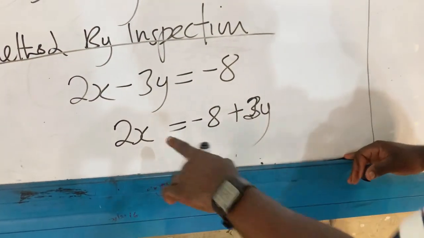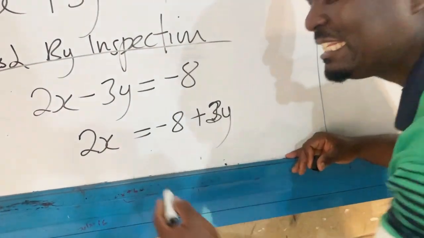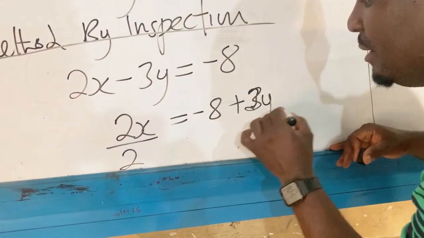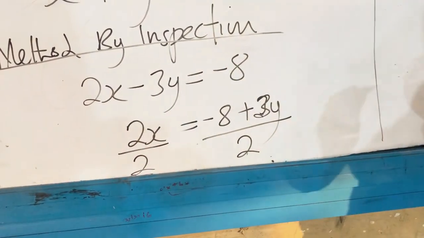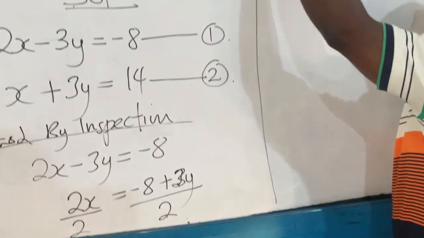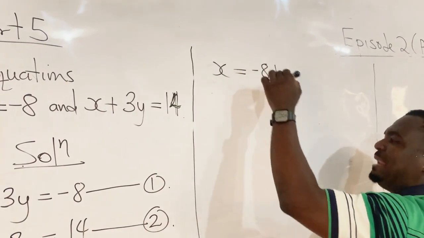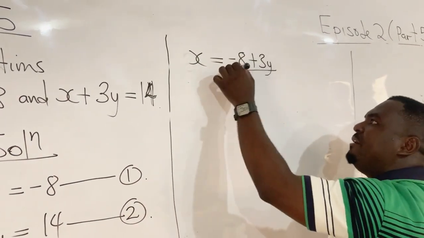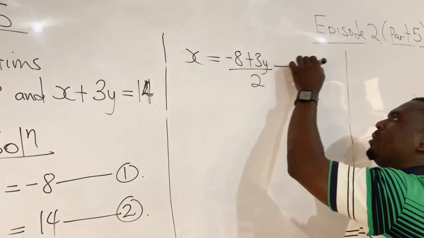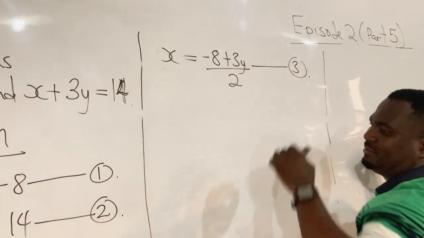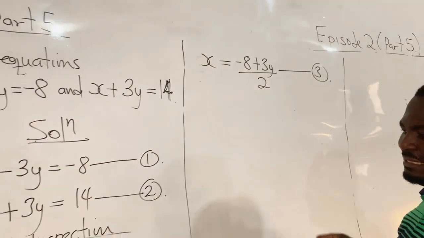To make x the subject, I'm going to divide here by 2, so that x will be the subject at the end of the day. So x is equal to -8 plus 3y, everything divided by 2. Then I'll call this equation 3. I've made x the subject.